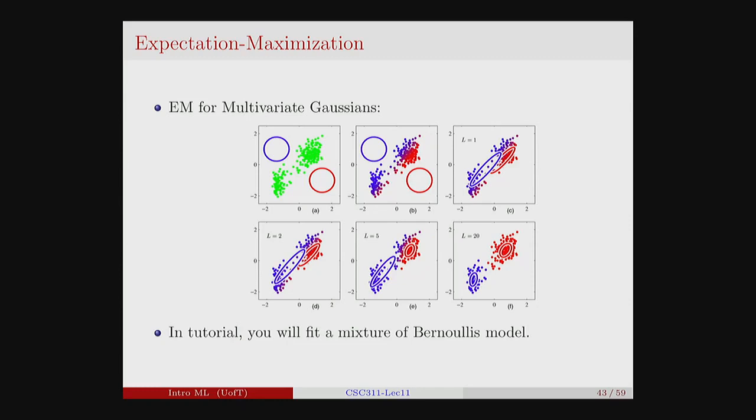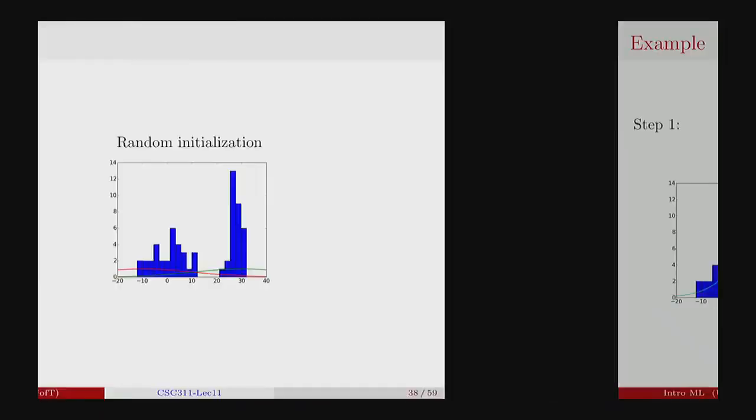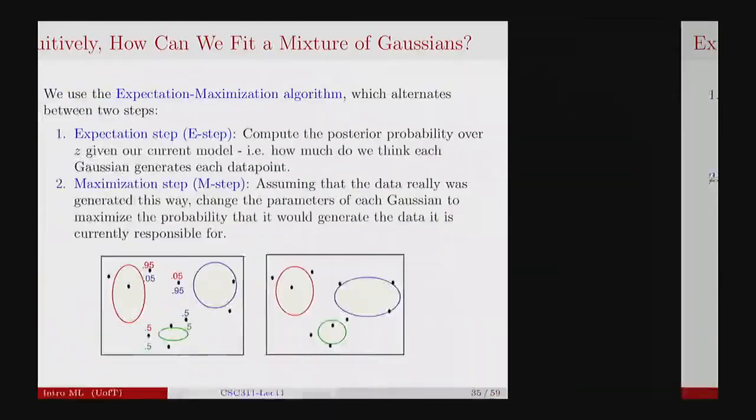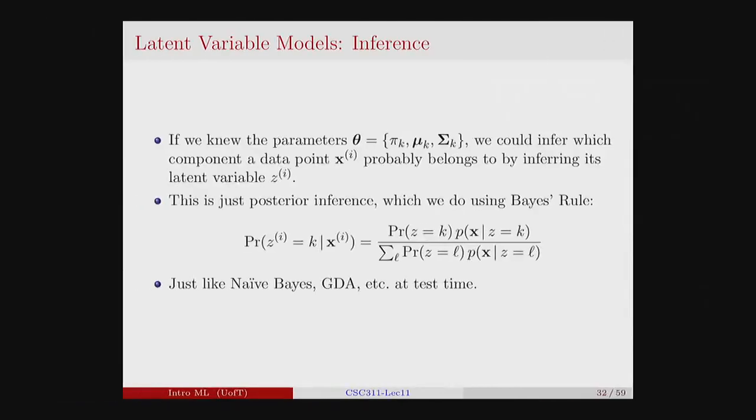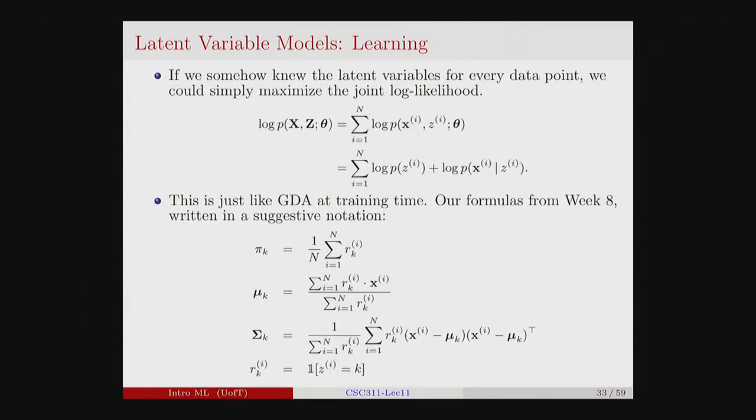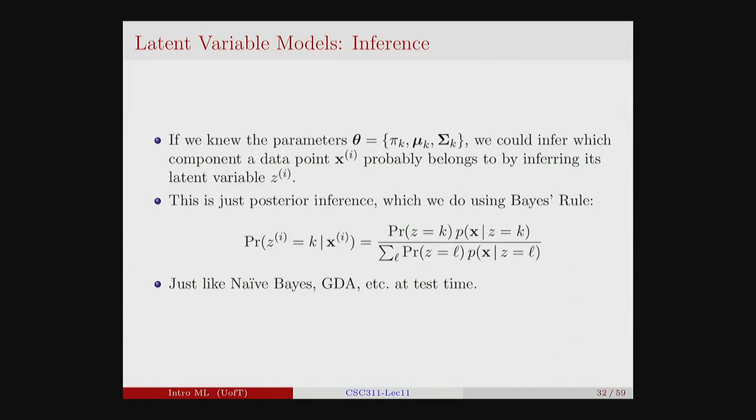Yeah? Just on slide 33 where you mentioned the log likelihood equations. Yep. Why is it that you said that there we're assuming something about the z's and that allows us to, why do we take the log likelihood of the joint probability but before we took it only of X?